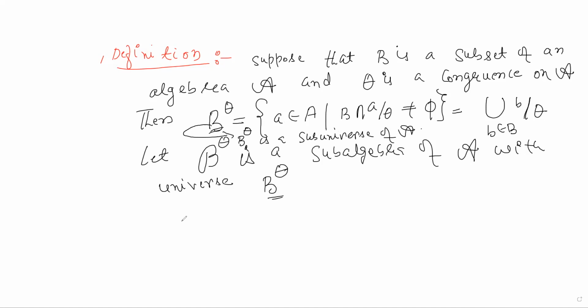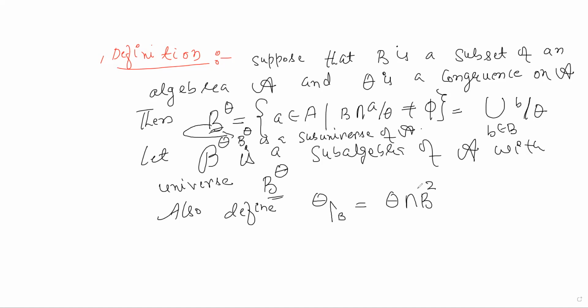Okay. Also define theta restricted on B. This is actually theta intersection B square.